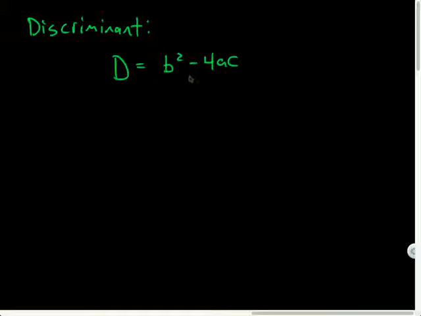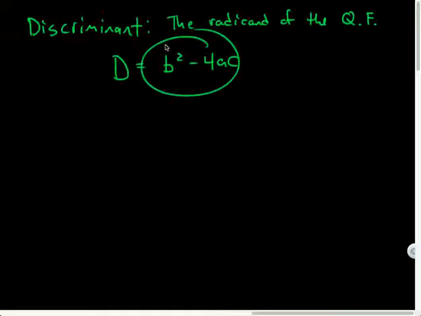Other times the discriminant is called, ready for this? It's called the radicand, the radicand of the quadratic formula. Because where do you find b squared minus 4ac in the quadratic formula?